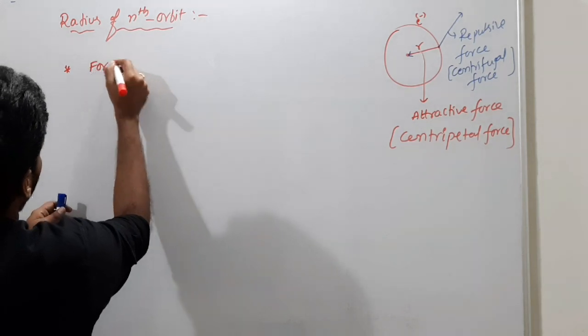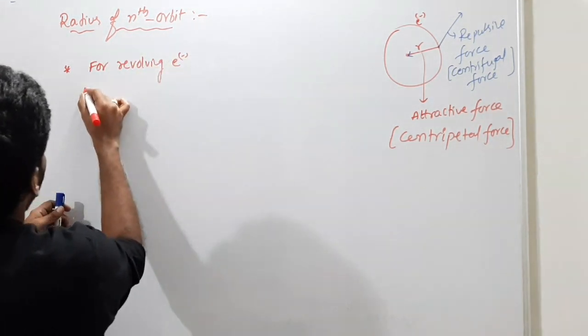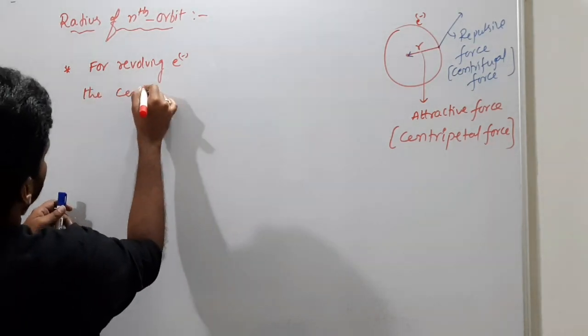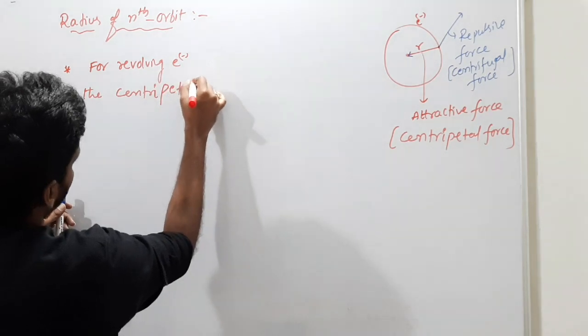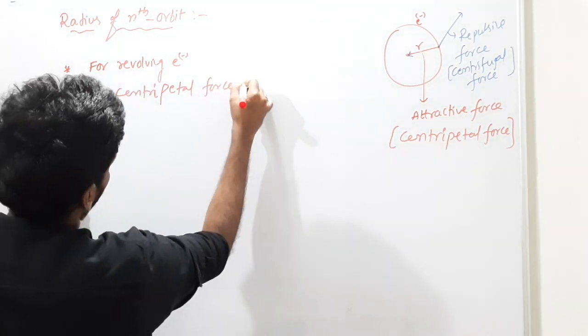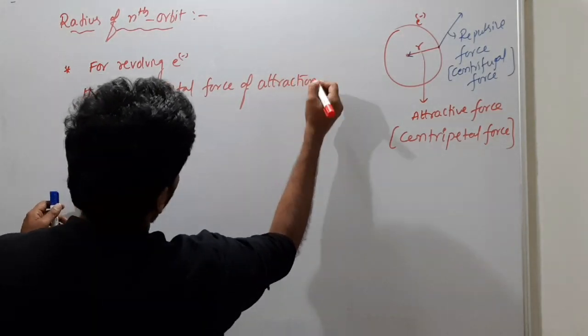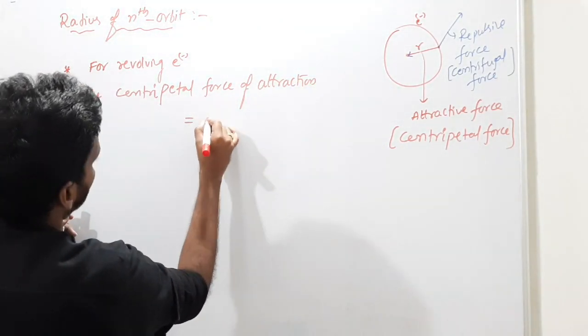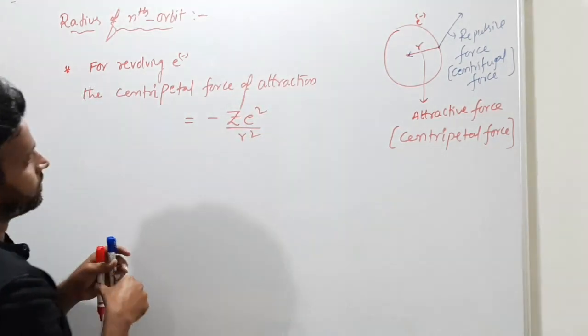For a revolving electron, the centripetal force of attraction is equal to minus Ze square by r square.